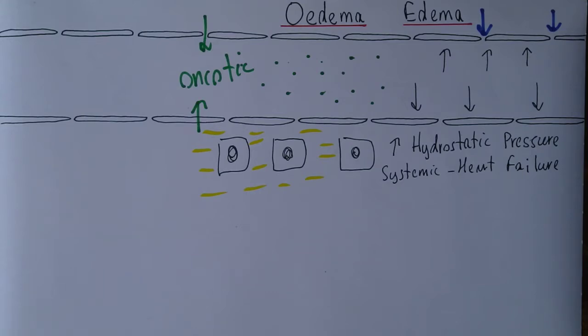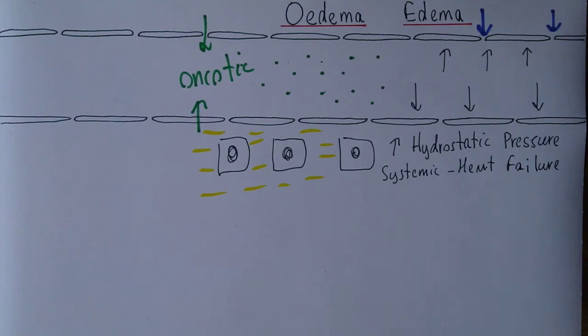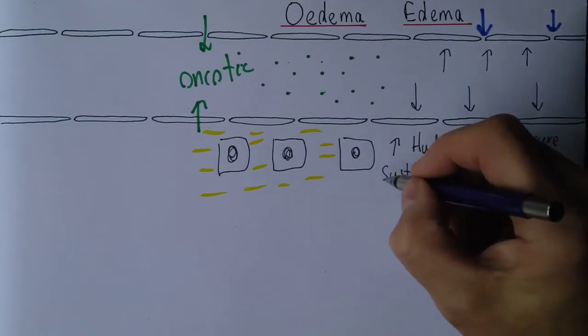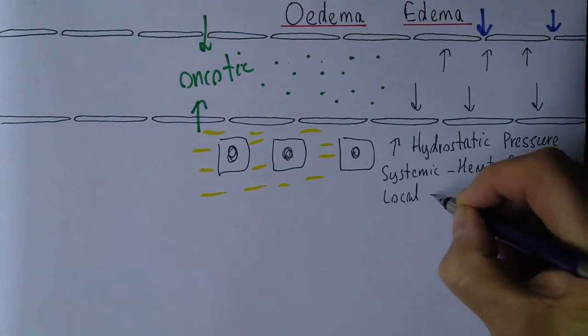If there's a left heart failure, a left ventricular failure, that could initially lead to pulmonary edema. So there could be systemic causes, but there could also be localized causes. So we've got systemic as one possible cause, local, or relatively local as another.